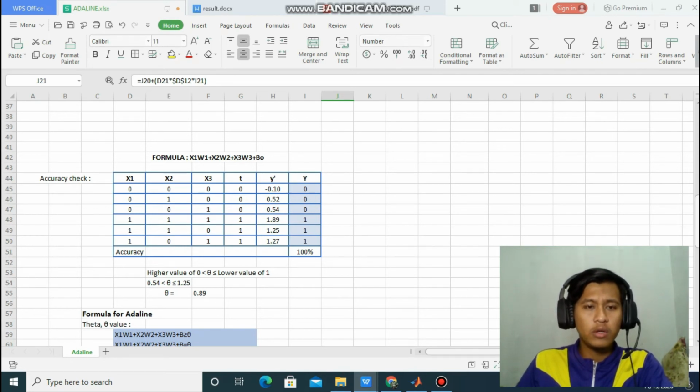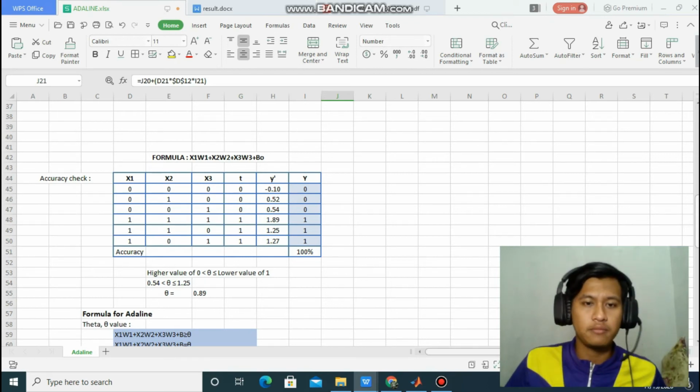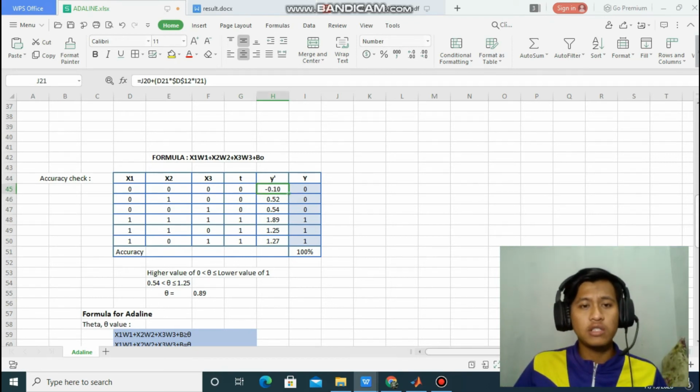So we put in the calculation, the input that is given with the theta value, and we'll get the value for the y prime. The y prime is used for this formula, where we input the data.